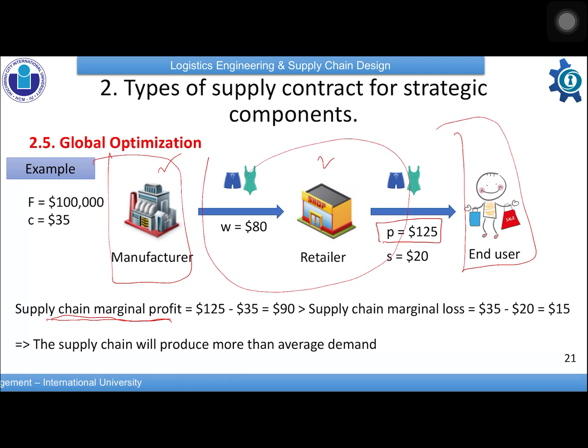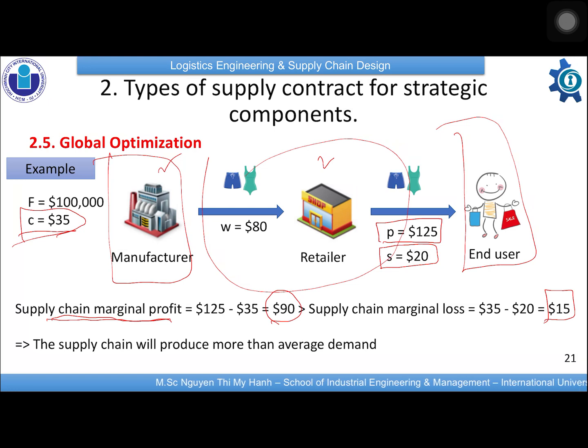The supply chain marginal profit is the selling price of 125 minus the cost of 35, so it is $90. The supply chain marginal loss is for unsold products: the salvage value is only $20 but the cost is 35, so they lose $15.